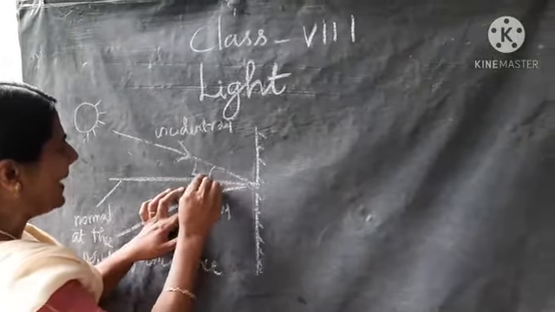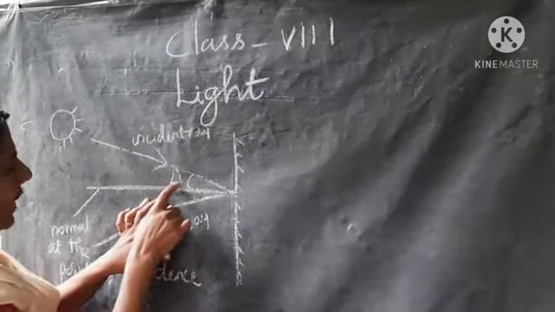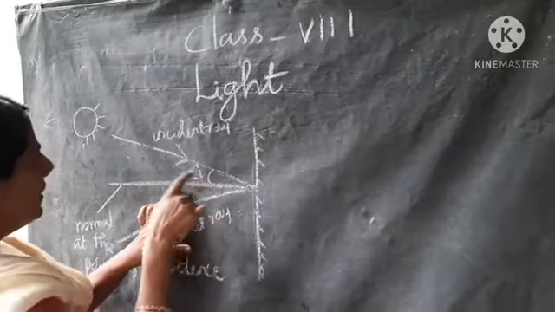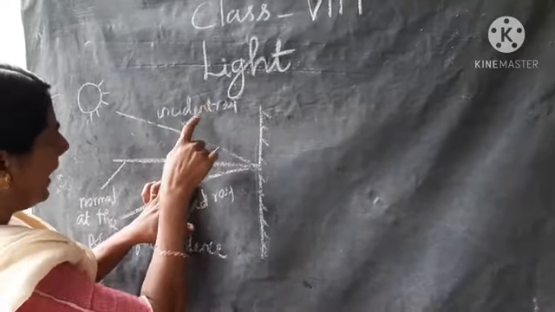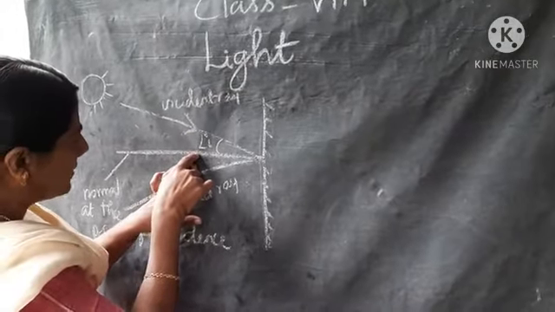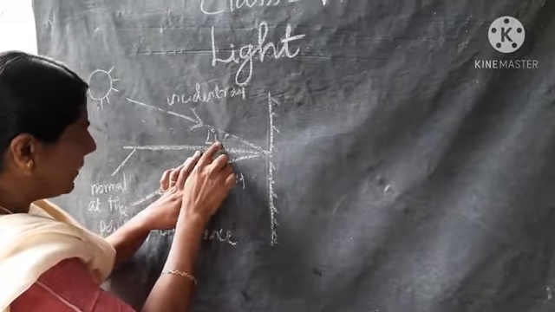What is angle i? Angle i is the angle of incidence. The angle between the incident ray and the normal at the point of incidence. So this angle is called the angle of incidence.